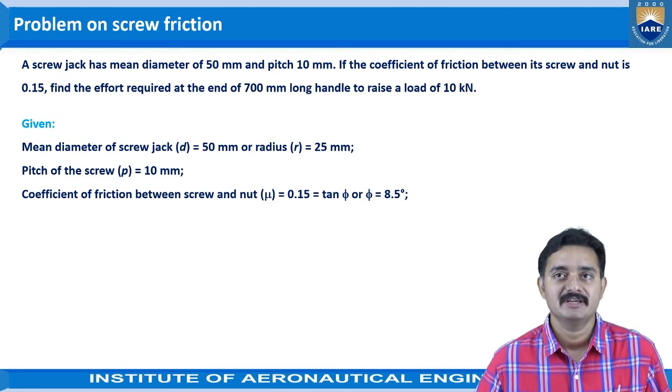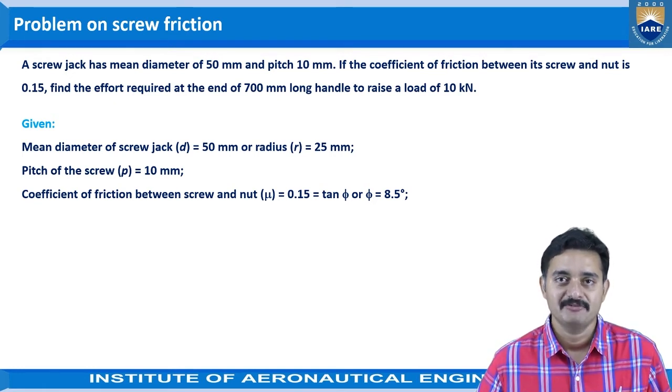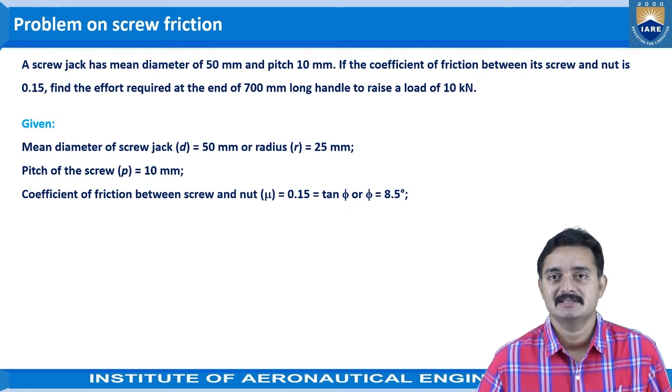So from this we can write the friction angle phi such that tan phi is equal to mu. Applying this equation, the friction angle phi is obtained as 8.5 degrees from the given coefficient of friction 0.15.